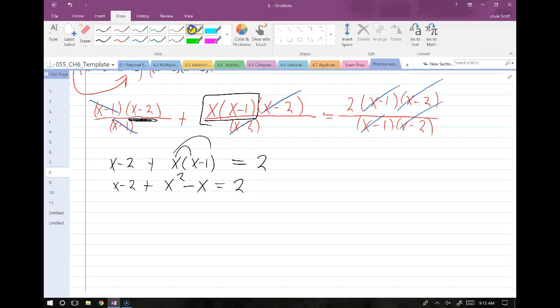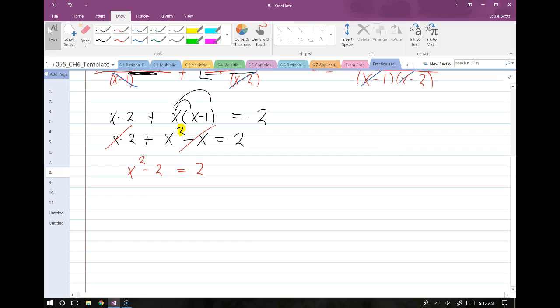I do have a squared term, which means I need to consolidate everything on one side, set it equal to 0, and then factor it out. Clearly I have opposites on my x's: x minus x equals 0. Then I have x squared minus 2 equals 2. If I subtract 2 from both sides, then I have x squared minus 4 equals 0.